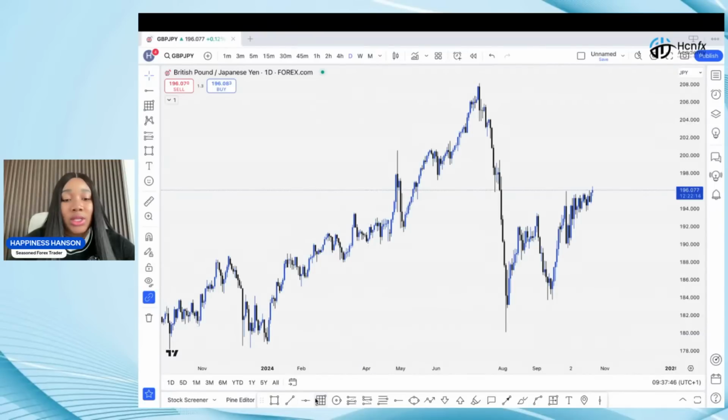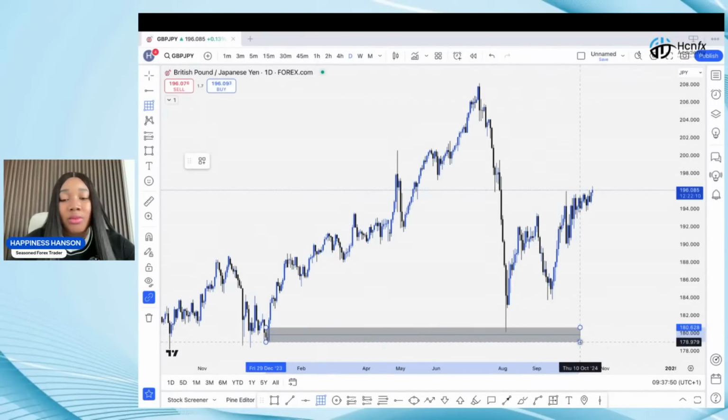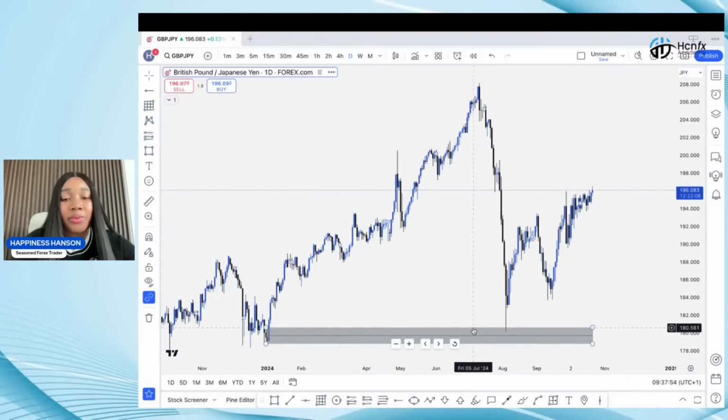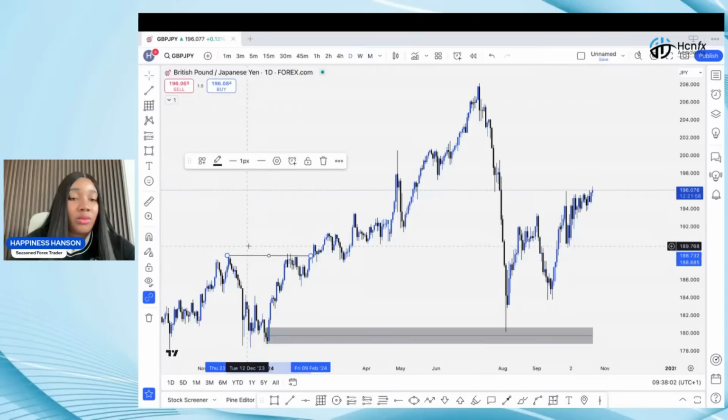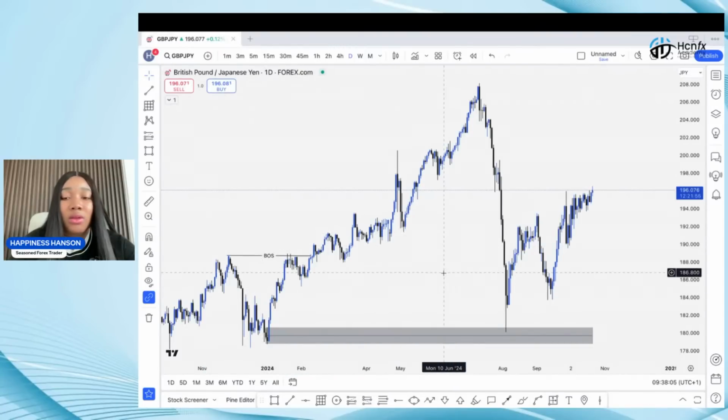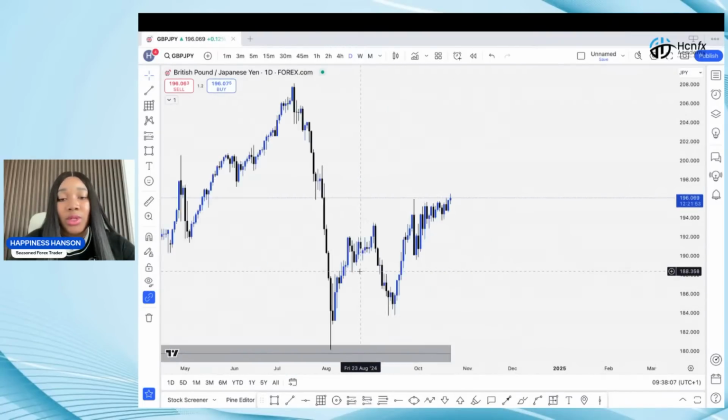So remember, GBP JPY has been bullish because it has been trading above this particular origin after we got this break of structure to the upside. So let's read the most recent origin, which is this level.